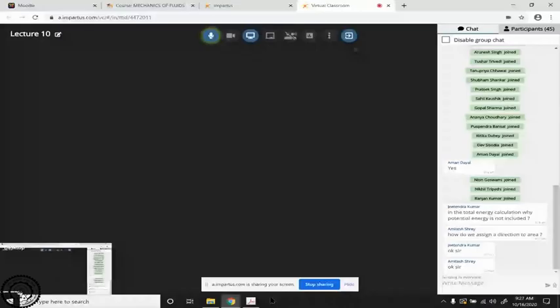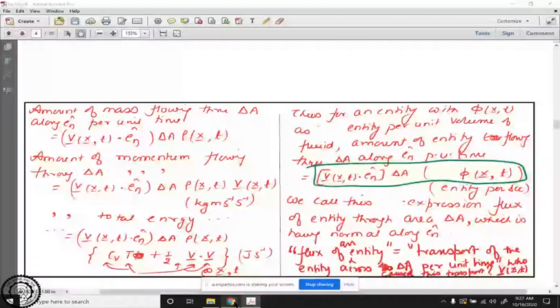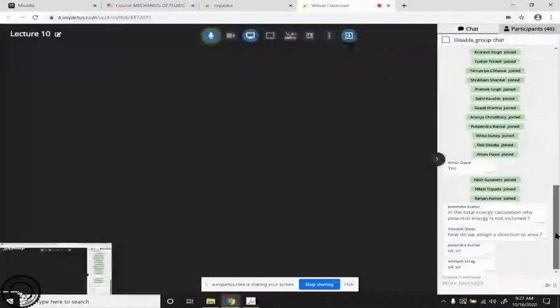It's up to you to define. I have defined it in this way, and based on that, I am saying that flux is defined in this manner. All right. Any other question?